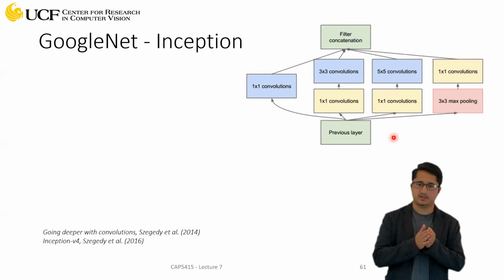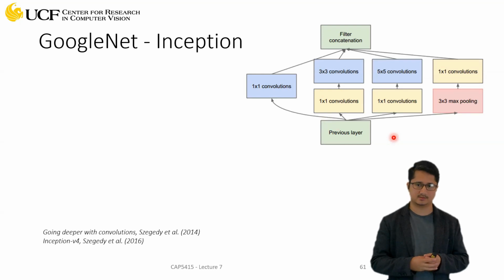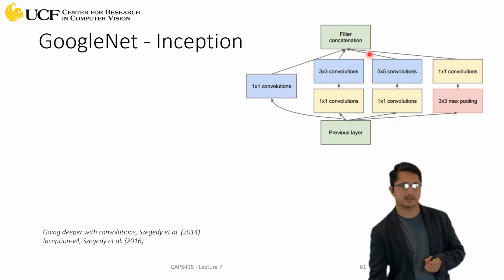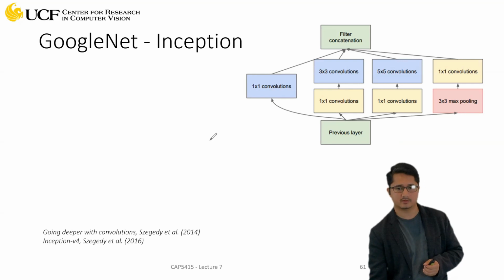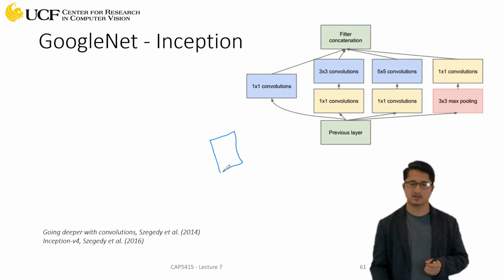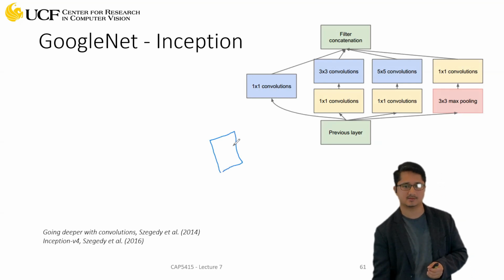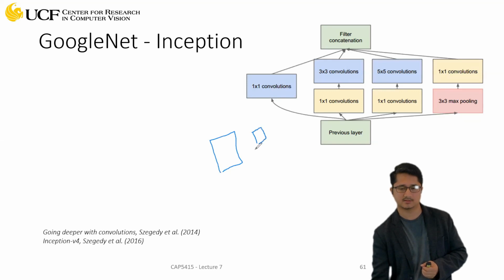In your input image, you might have different scales, right? Let's say you're detecting shapes, you're detecting square objects. You might have an image where this is the square and you're trying to detect this. You might have another image of a square of a different scale, this small.